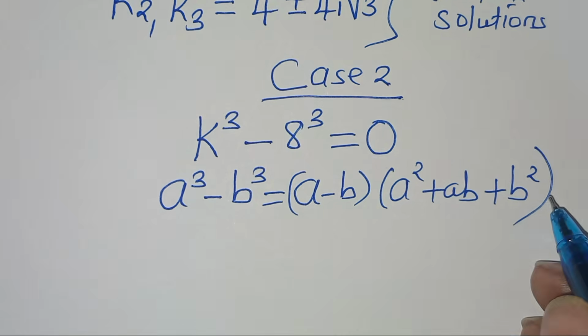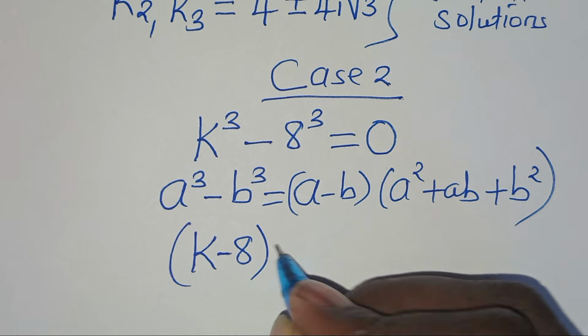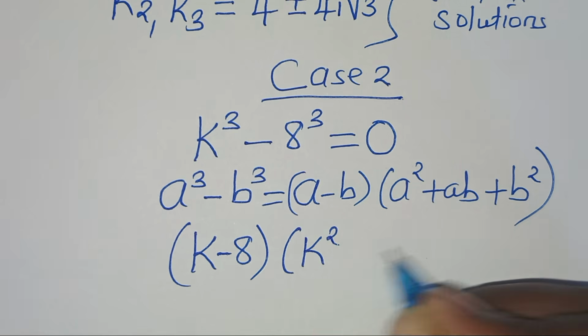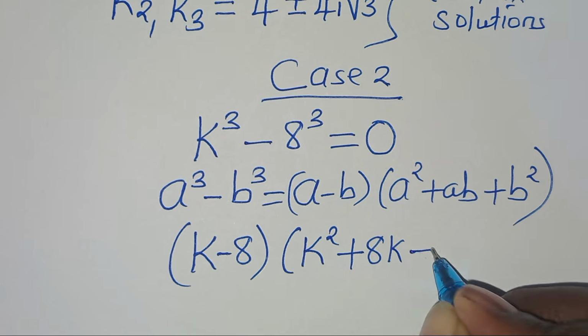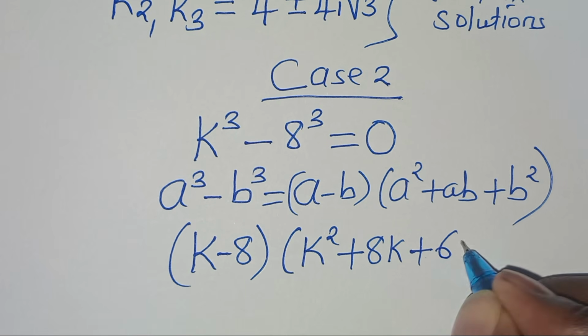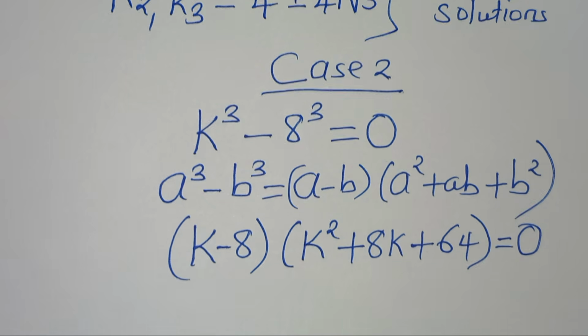Applying this identity, we have k minus 8, times k to the power of 2 plus 8k, then plus 8 squared, which is 64. This is equal to 0.